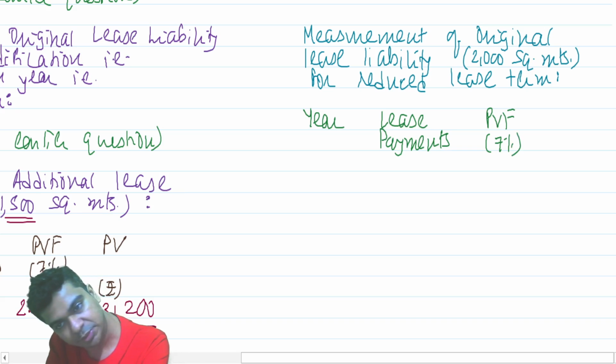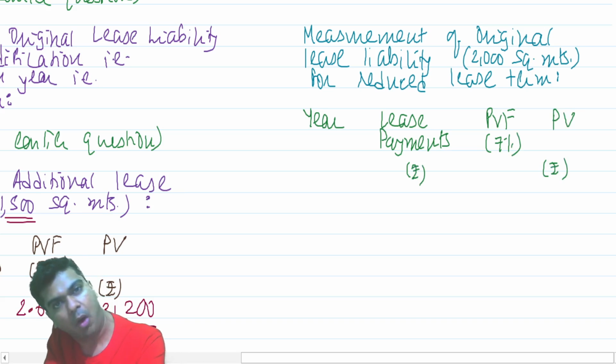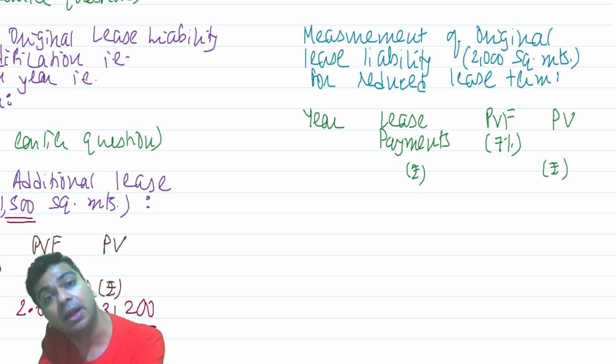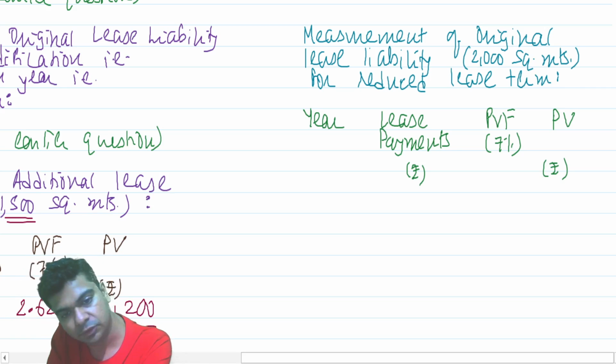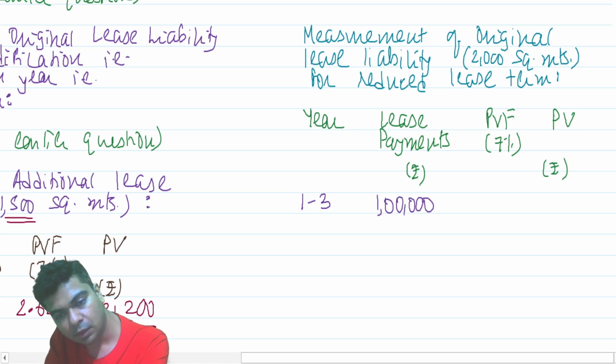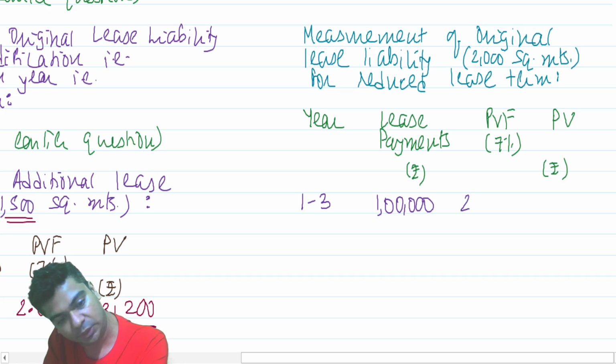The rate is 7% now. All of our original calculations was for 10 years. Originally 5 years are left, but now only 3 years are left. So this calculation is for 3 years. For 2000 square meters, your lease rent is a lakh of rupees, and this we have already calculated, 2.624.